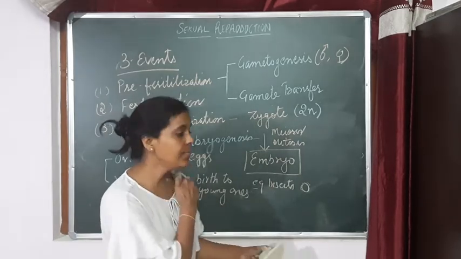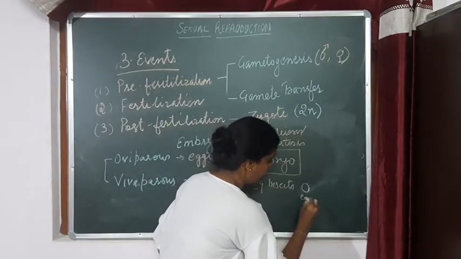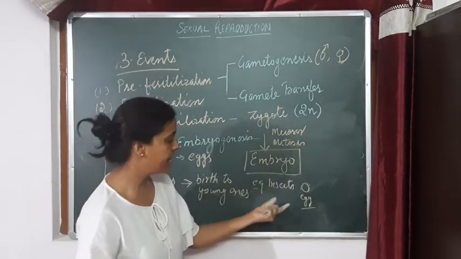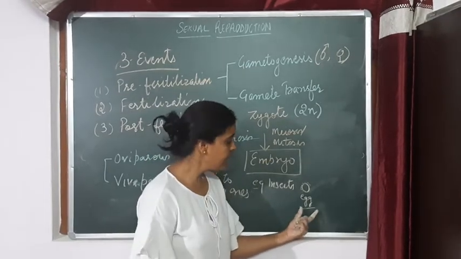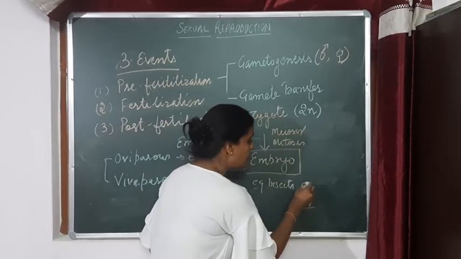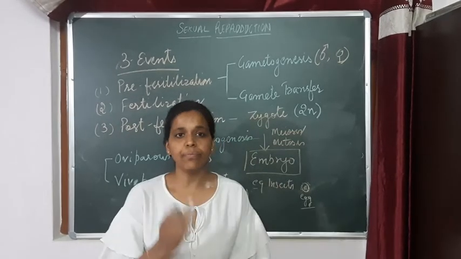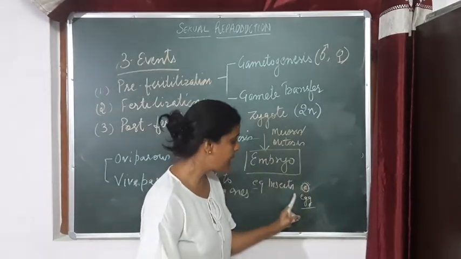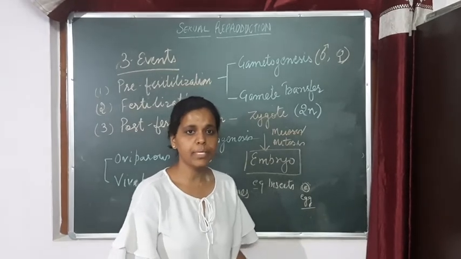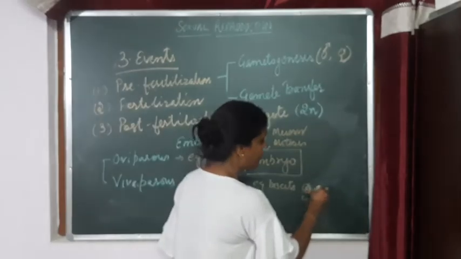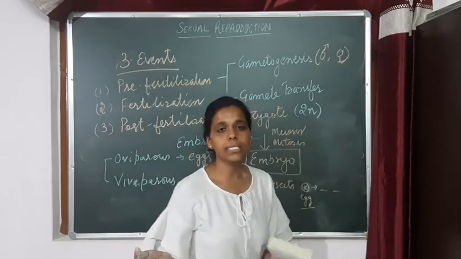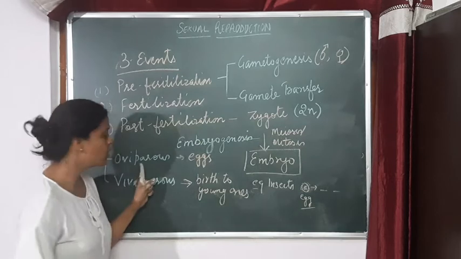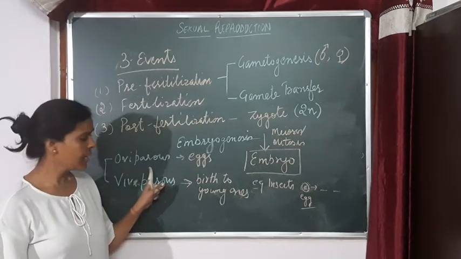Now, in the case of the insect, if I take the example of a butterfly, the egg which is formed, the yolk is not self-sufficient to nourish the growing embryo, right? So in such cases, the egg is going to break and it is going to undergo certain stages like larva and pupa, right? This happens in the case of oviparous animals.